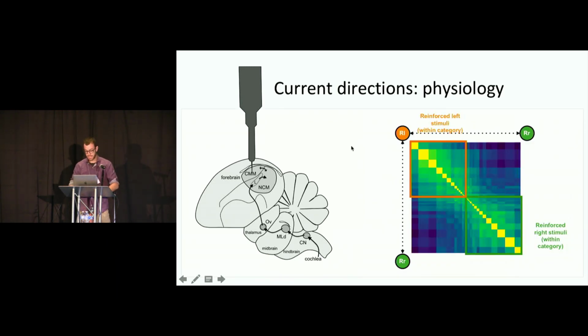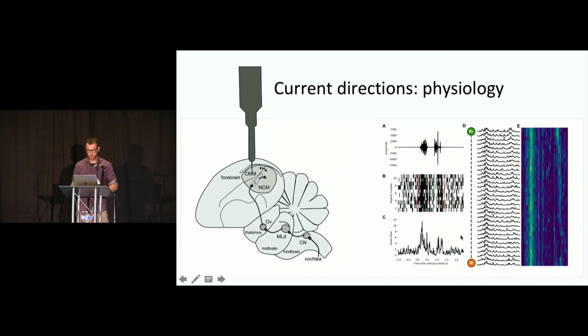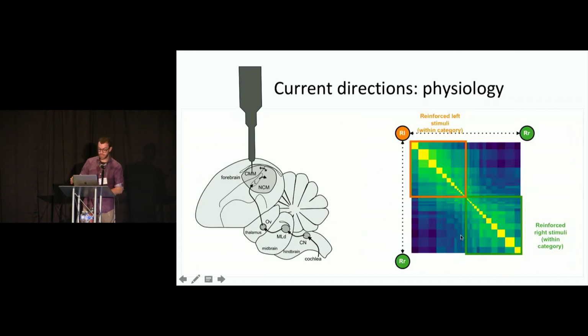Here we would take this vector for each one of the neurons in, say, a single site, a single population, and look at the correlation between that neural response and a neural response to a different stimulus, say stimulus 3 versus stimulus 100, and they'd be lower in correlation than, say, stimulus 3 and stimulus 4, where you would expect to see a higher correlation. You can also look at the within category versus between category responses.